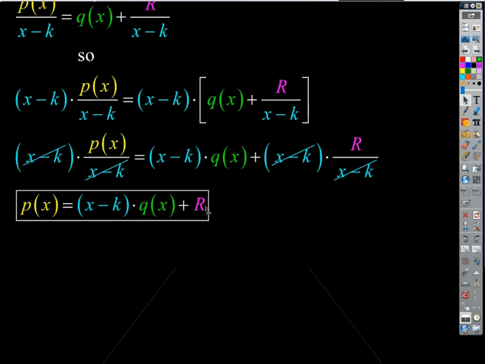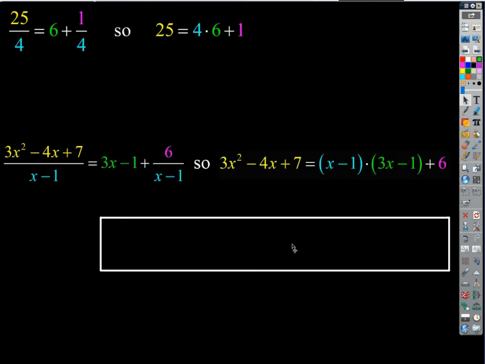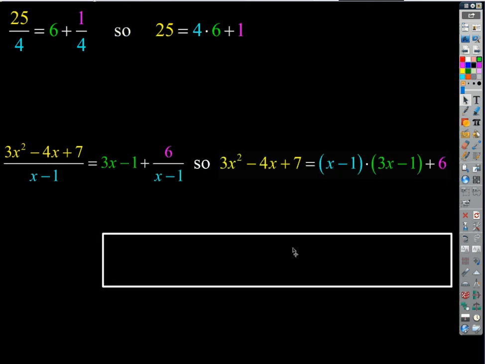Let's look at a specific example. So what about this guy here? What if we have 3x squared minus 4x plus 7 divided by x minus 1. Now, we could do that one, but I mean, the answer we would get if we did synthetic division is we would get 3x minus 1 for the polynomial part with a remainder of 6, right?